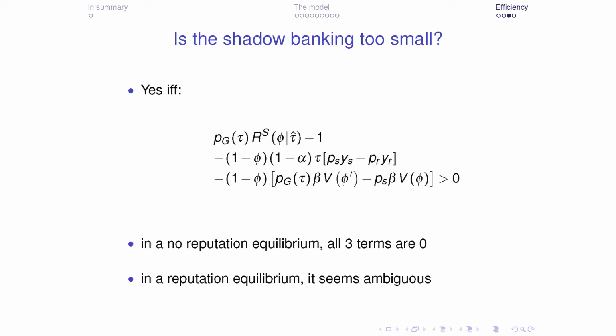In particular, it can be too small if the sum of these 3 terms is positive. What are these 3 terms? First of all, it may be too small because the cost of financing for the good firm is higher than 1, and it's high because they are cross-subsidizing the bad banks who are participating in the shadow banking system as well.